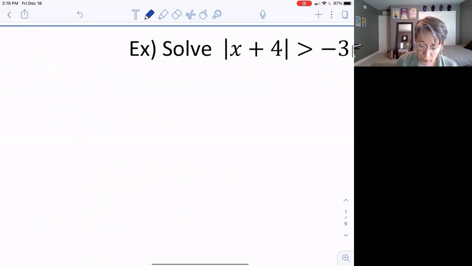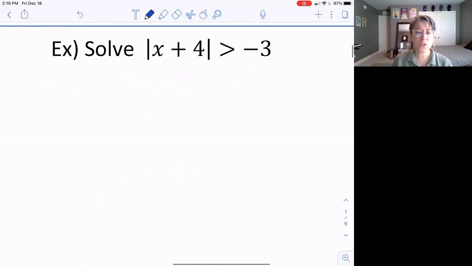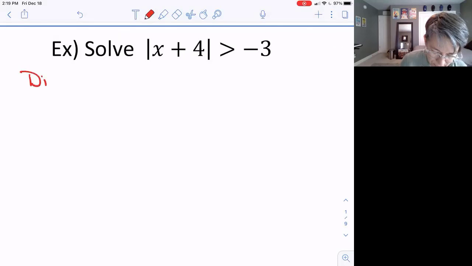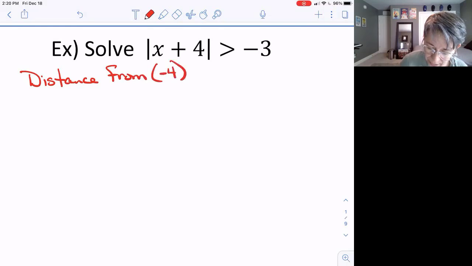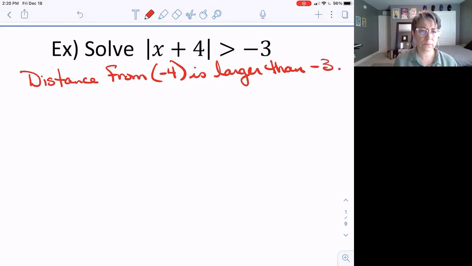The next problem here to the right, we're asked to solve the absolute value where it's greater than -3. So again, this is saying the distance from -4 is larger than -3.